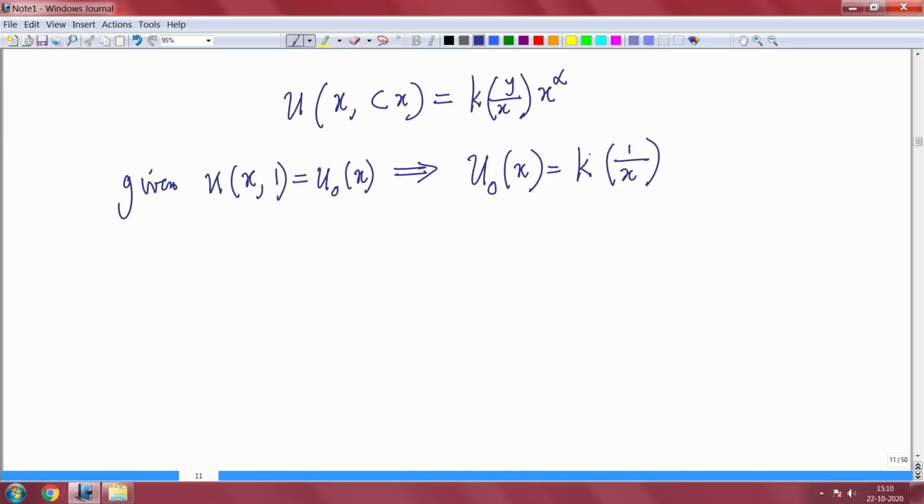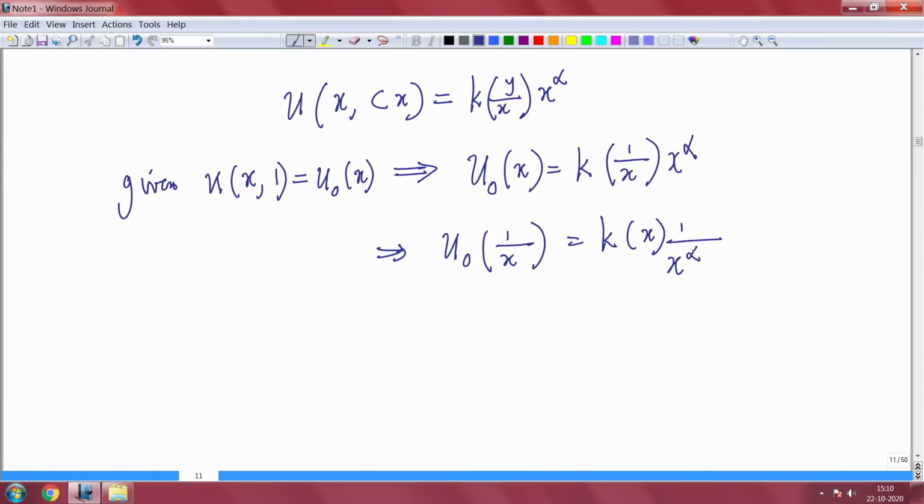This is on the initial condition. Initial condition is when y equal to 1. When y equal to 1, you have your initial condition into x power alpha. So, do some little more process. That implies u naught of 1 over x is equal to k of x, you just invert it into 1 by x power alpha.